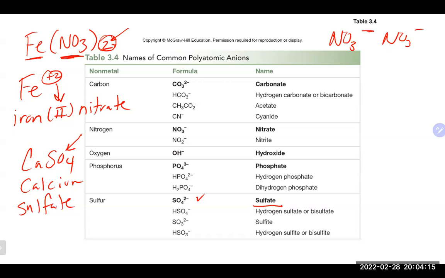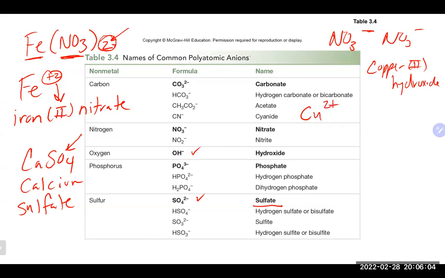Question on that there. So let's take a look at, why don't you write the formula for copper, Roman numeral 2, hydroxide. Let's approach it the same way. Copper, Roman numeral 2, means copper has a +2 charge, right?